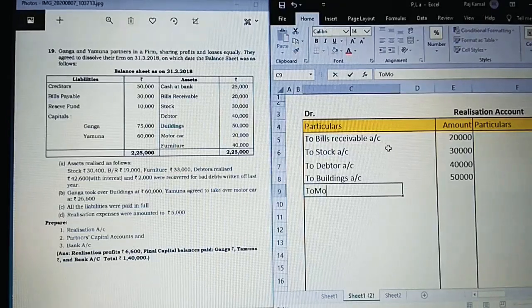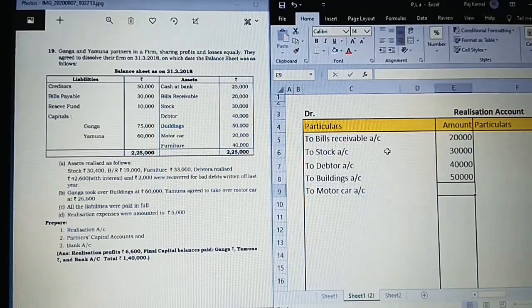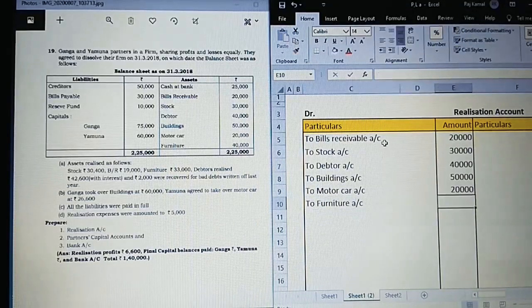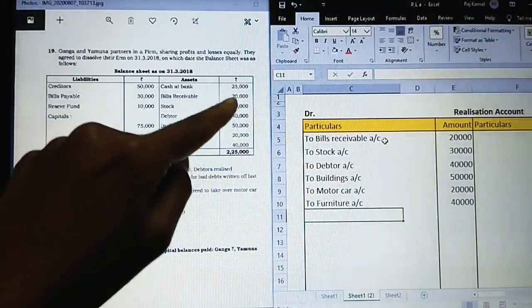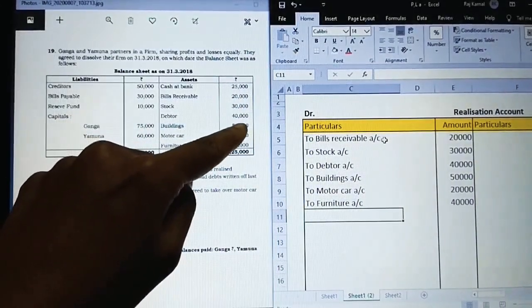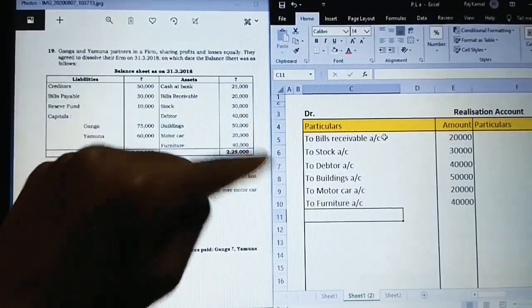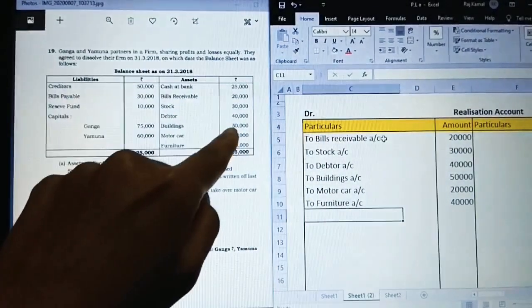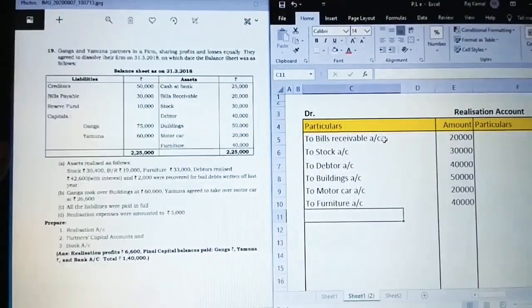To motor car account, 20,000. To furniture account, 40,000. Just observe the values which we have taken correctly: 20, 30, 40, 50, 20 and 40. So we have taken all the assets and posted them in the opposite direction. This is the credit side, we have posted it on the debit side.